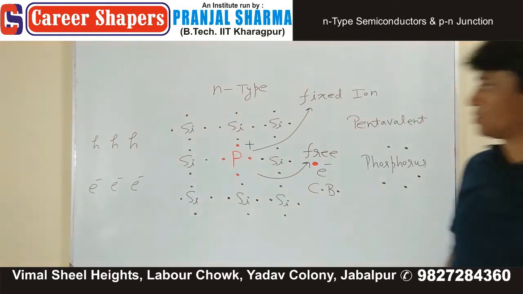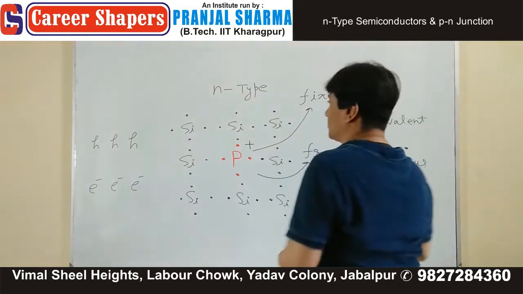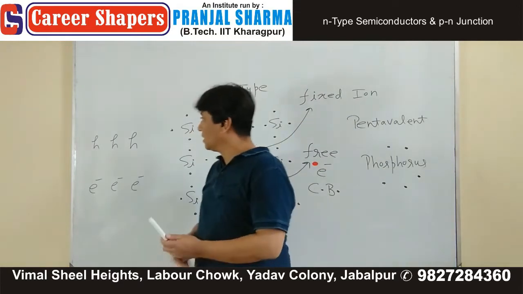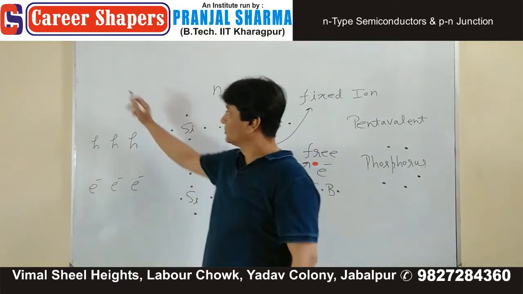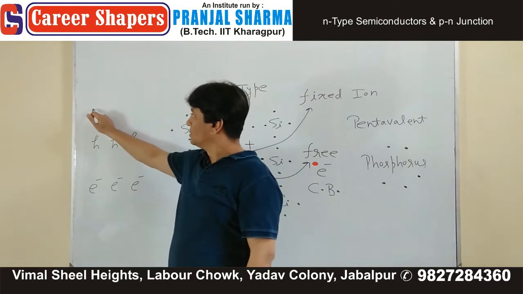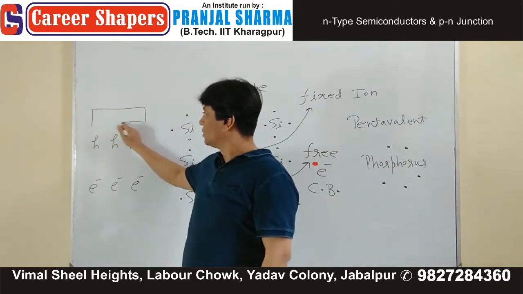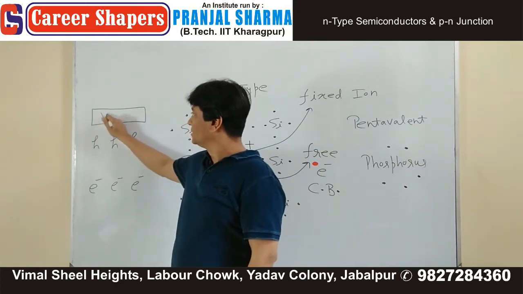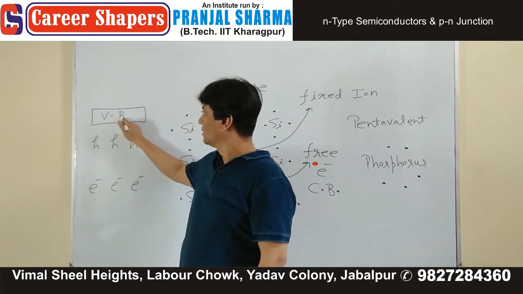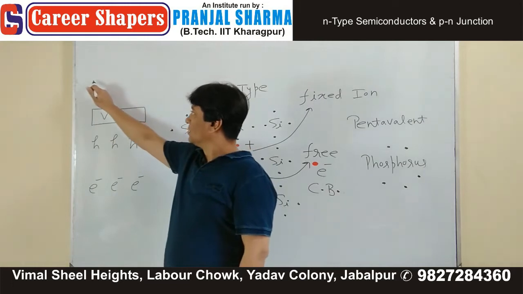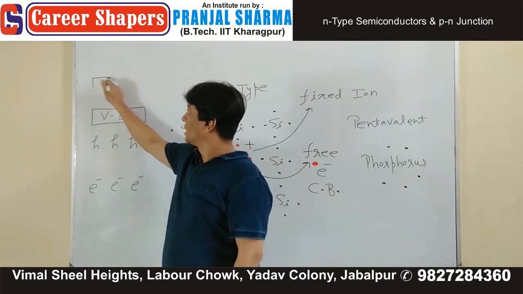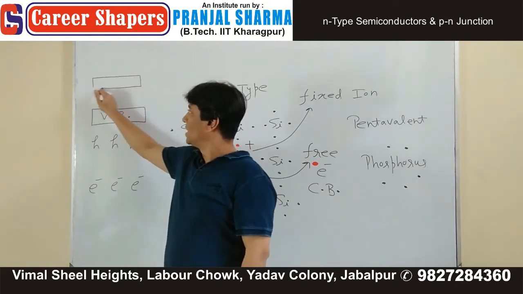So we can also draw energy band diagram in this form. This is your valence band. This is your conduction band.